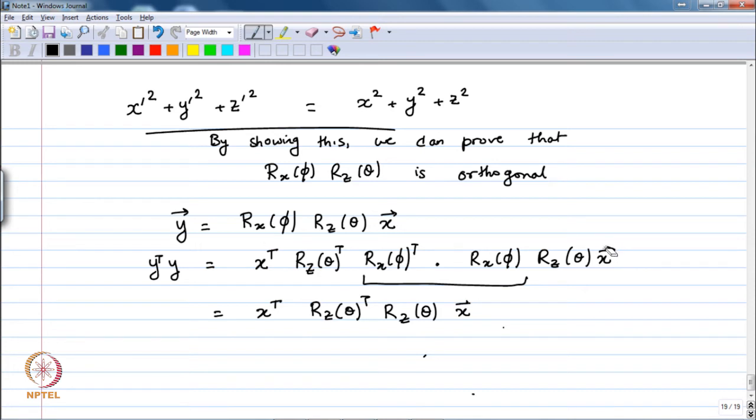Let me just put vectors onto all the x's and y's. Now again I have r z of theta transpose r z of theta, which is nothing but the identity. So this equals x transpose x. Okay, so clearly this product is orthogonal. So a third way to show it is this, and if you take a product of any two rotations, you get another orthogonal matrix.